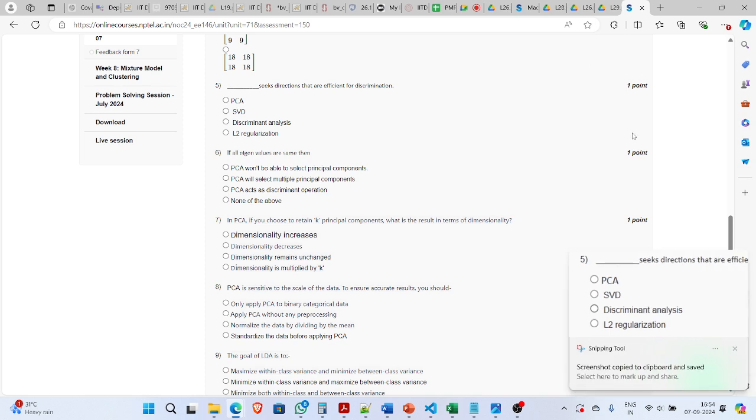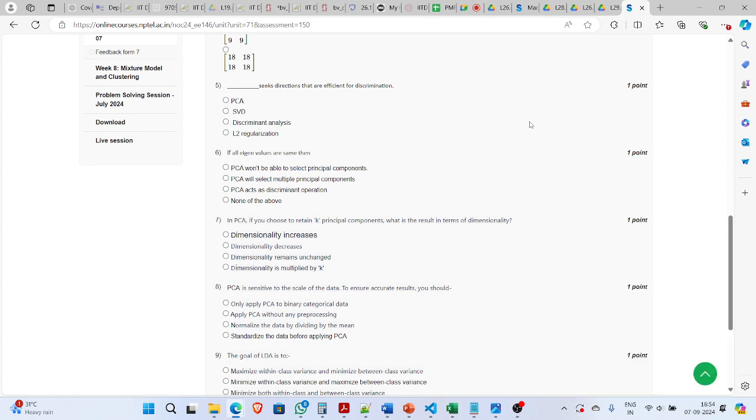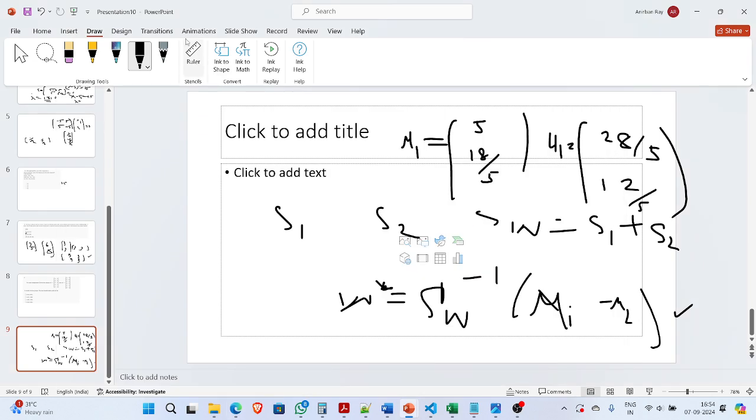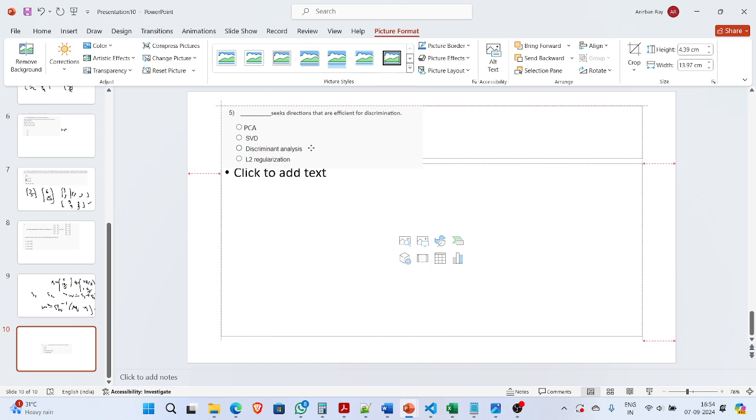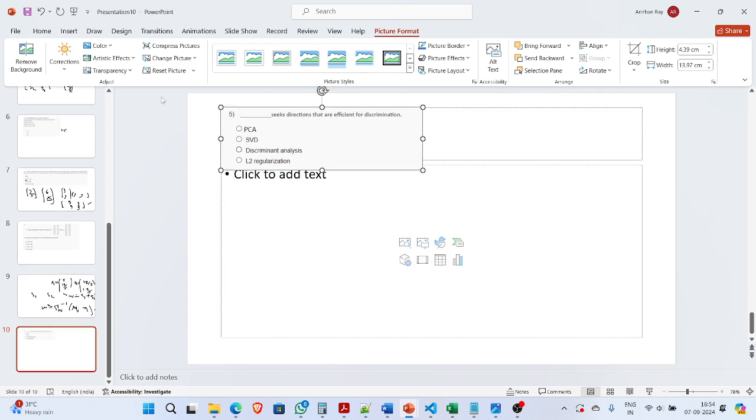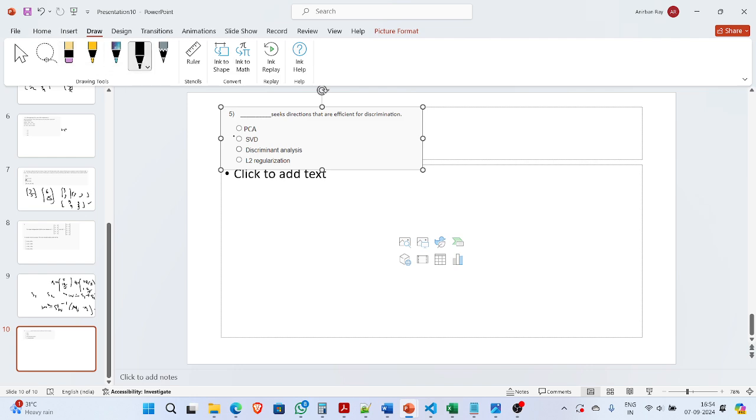Which seeks directions that are efficient for discrimination? The direction we are seeking in the case of PCA, right? So it will be PCA. Nothing much, just theory here.